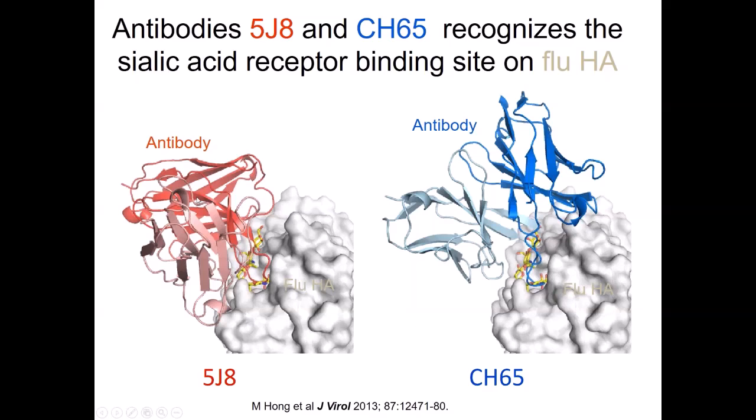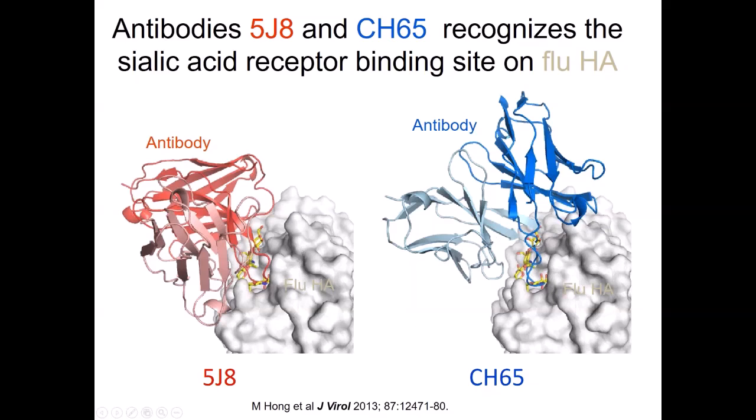And you can see that, on the left, the heavy chain, which is in darker pink here, inserts the heavy chain CDR3 or the hypervariable loop, which is called the complementarity determining region 3, CDR3, into the receptor binding domain. Also shown in yellow is sialic acid bound in an H1 structure, and the HA is shown in space filling here.